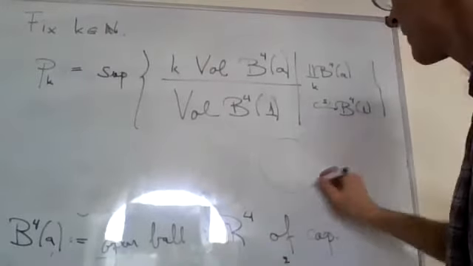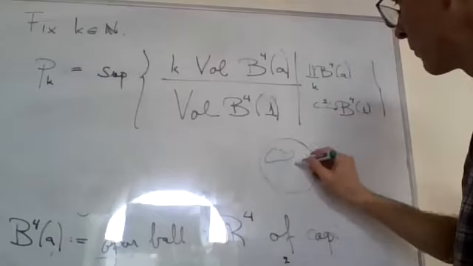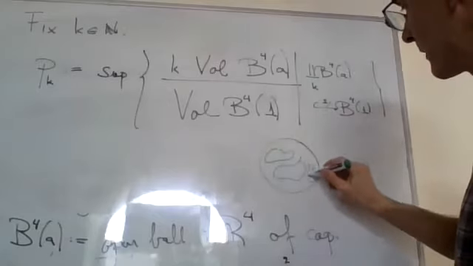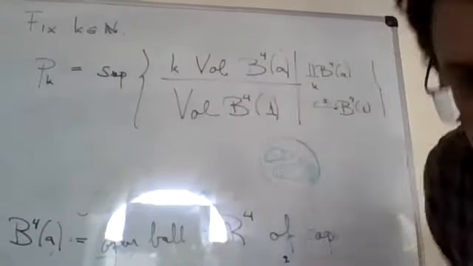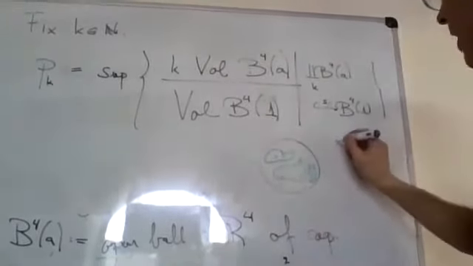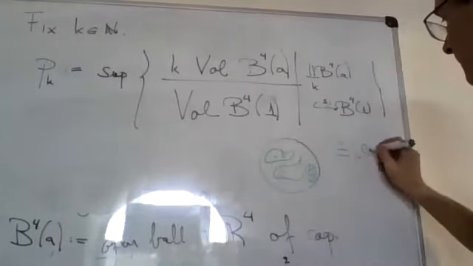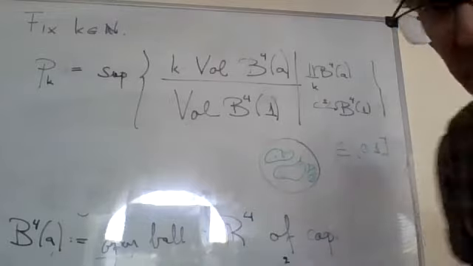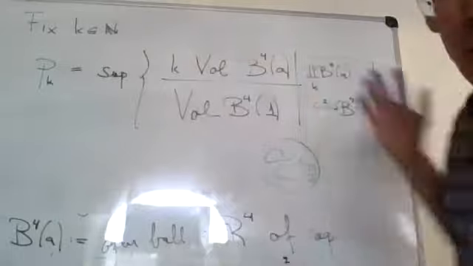So I have the target and I try to fill it as much as I can with balls. And then I just take the percentage of volume, the ratio, right? It's a number, well, it's certainly positive and certainly less than 1. And for every k, I get a number.